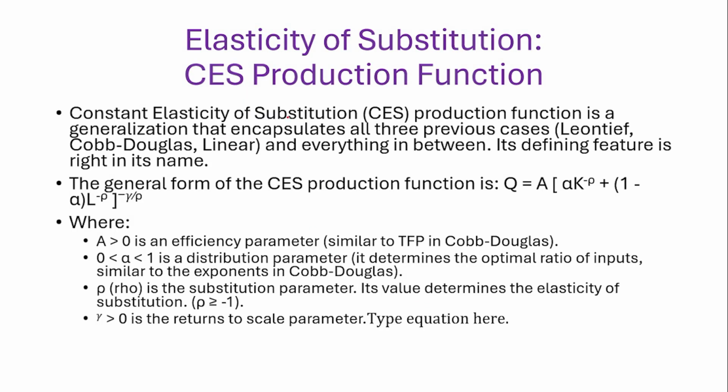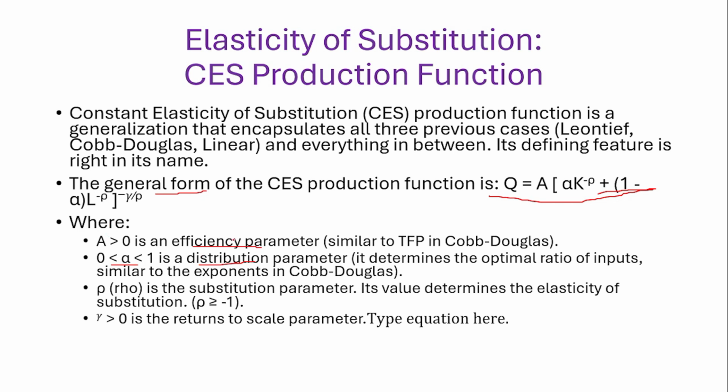Now let's learn about the elasticity of substitution for the CES production function. CES means constant elasticity of substitution production function, and the general form of the CES production function is like that, where A is the efficiency parameter and alpha is the distribution parameter.